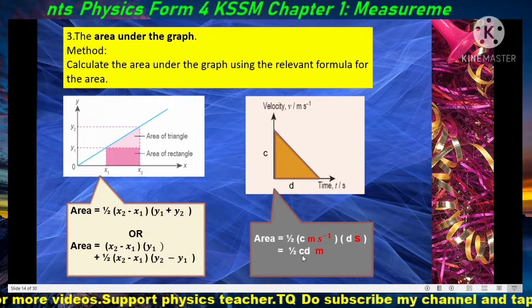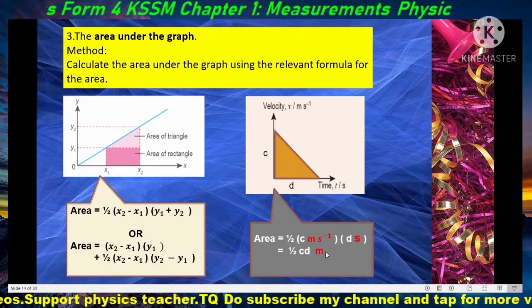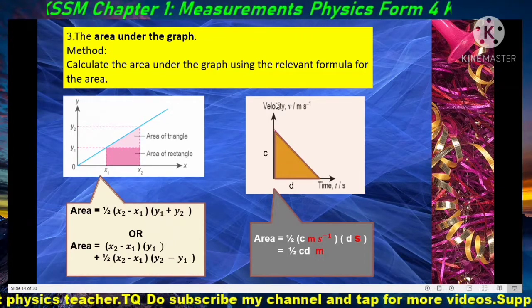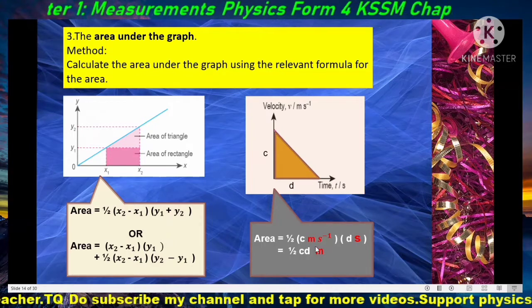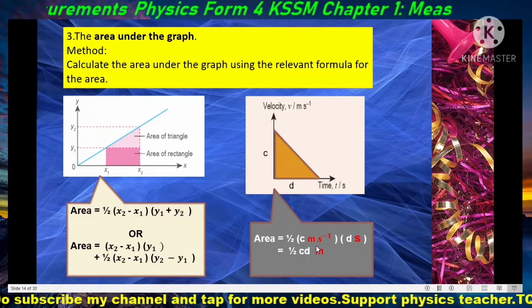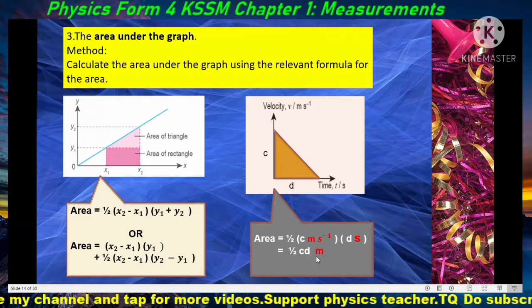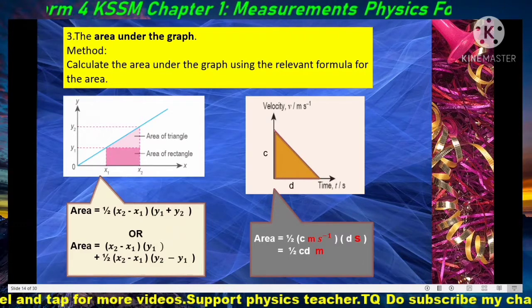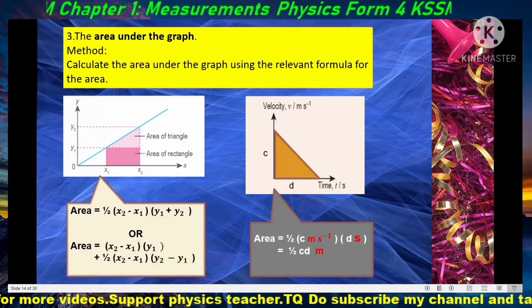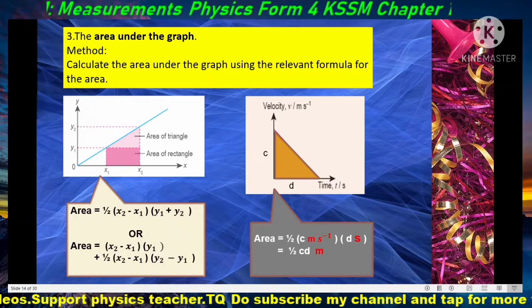So you will get half cd meter. You can see here the area under the graph will give another physical quantity, distance or displacement. That's why analyzing graph sometimes will ask you to find the area under the graph.